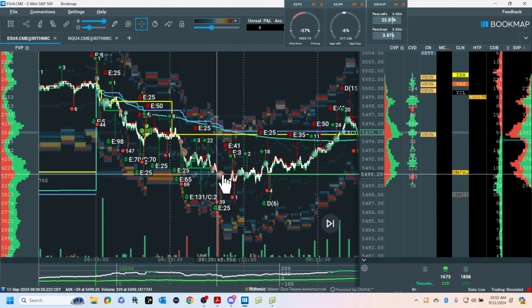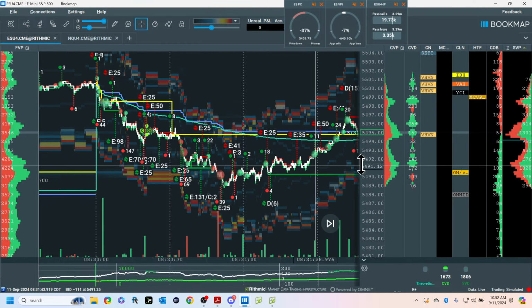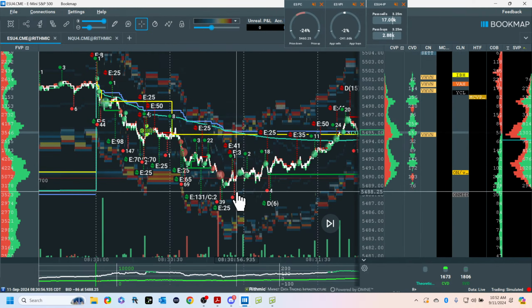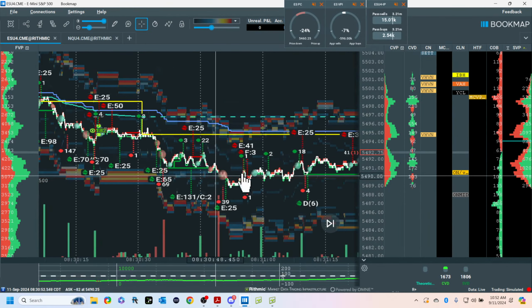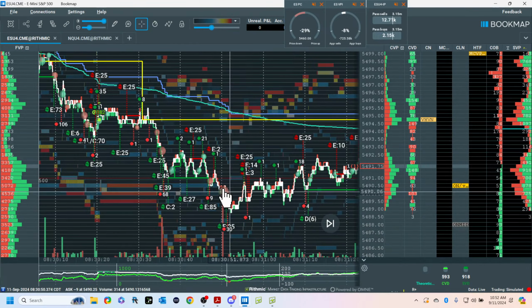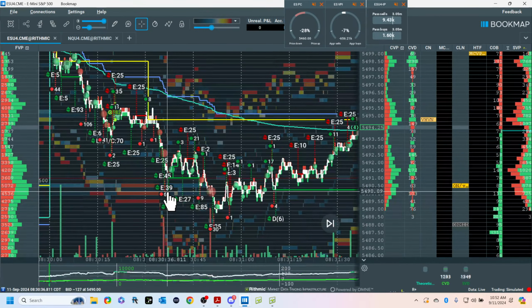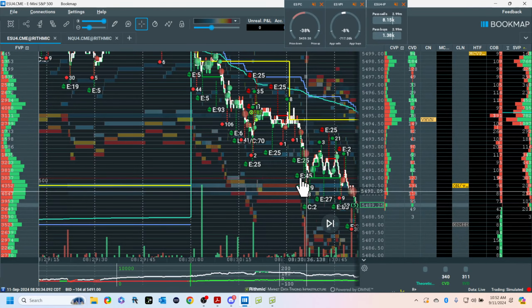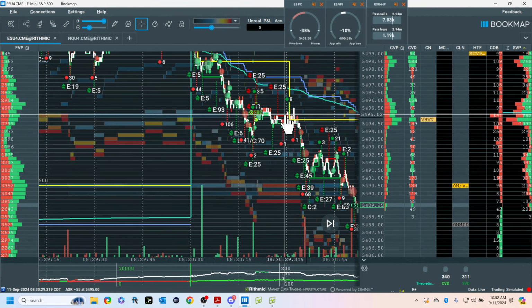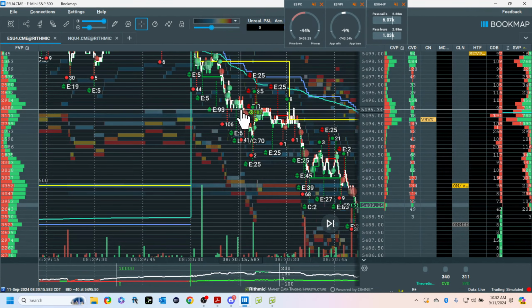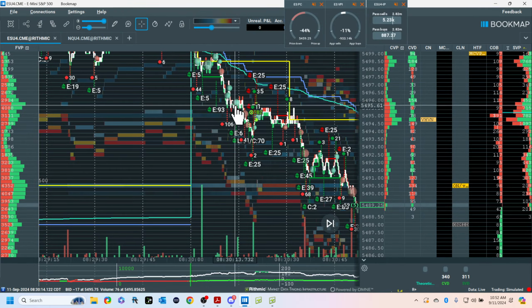But if we have alignment, which is what this is right here, and we get a microstructure, I'm going to show you a trigger. I'm just going to kind of break out, if you will, a trigger for you. Now, this, of course, is in hindsight, but let me show you what it looks like. So let's look at microstructure. I'm going down into something, you guys, what I like to think of as fractals.